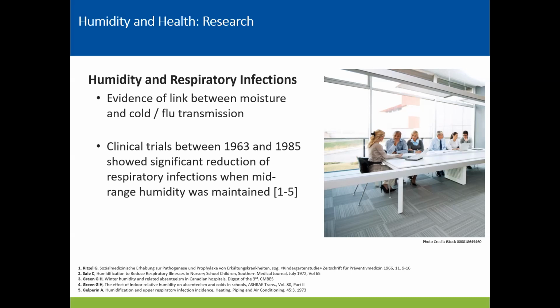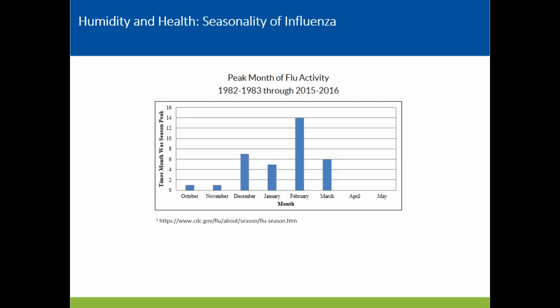And there were some studies that were initially done between the 1960s and the 1980s that showed reduction of respiratory infections, your cold, your flu, when we're able to maintain a mid or a more moderate range of relative humidity. The CDC did a similar study on this right around the turn of the millennium, and that continued through 2015, 2016, looking for really the peak months of when influenza was most active in the United States.